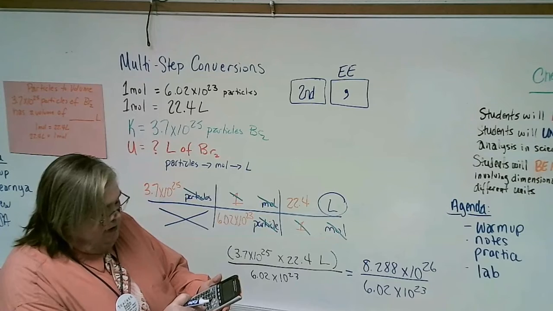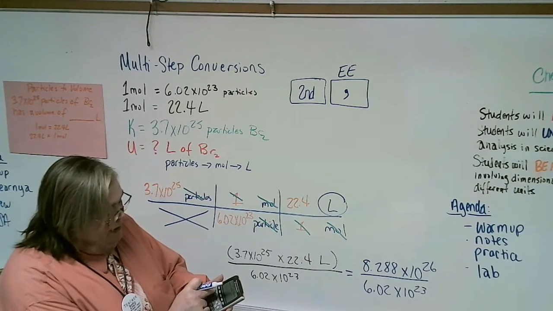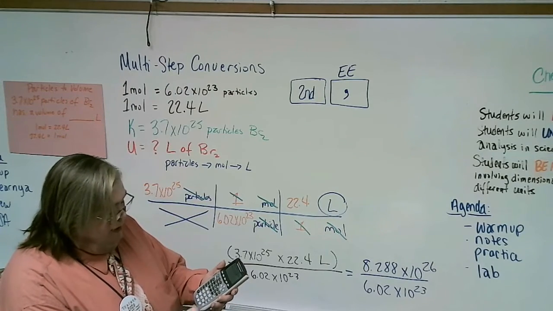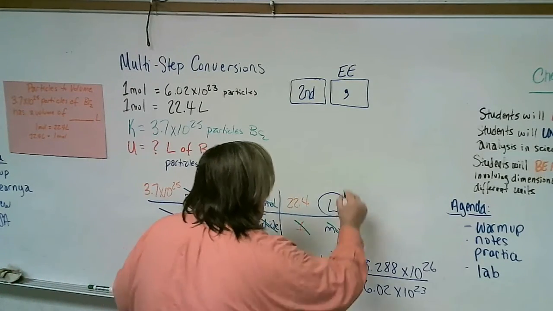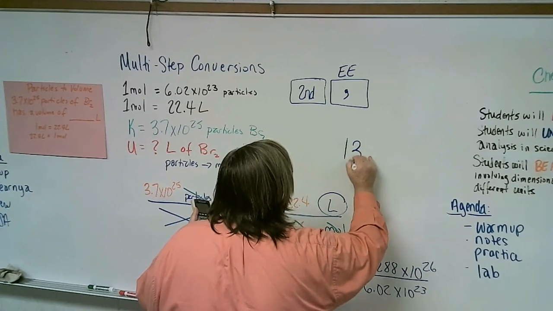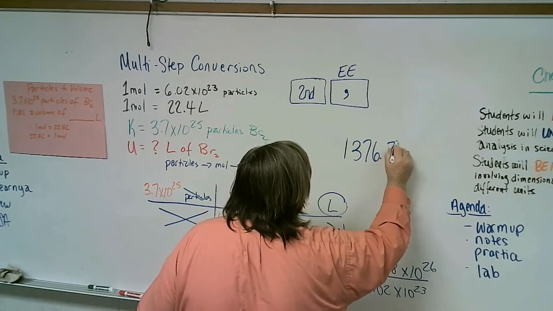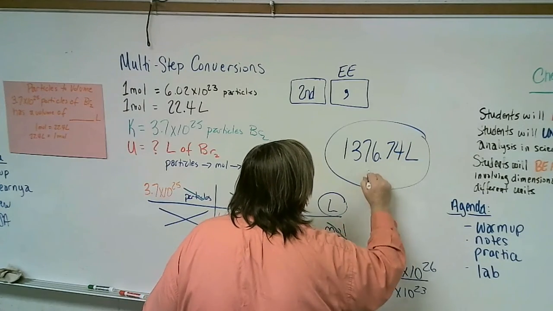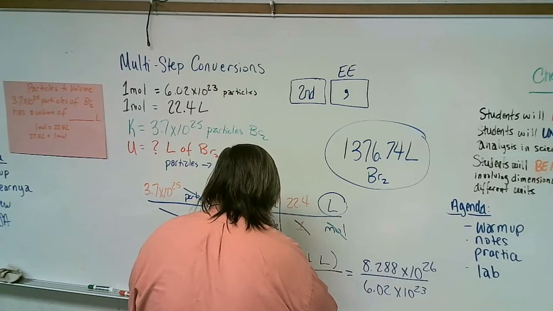Hit the divide, 6.02, second function, comma, 23, enter. And it gives us 1376.74 liters of Br2.